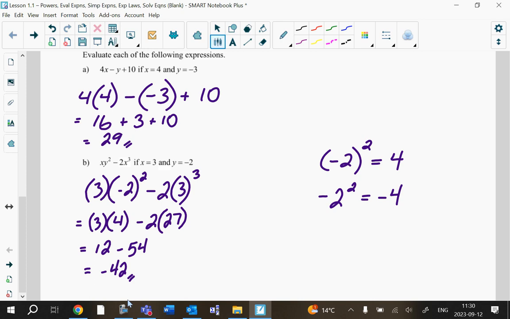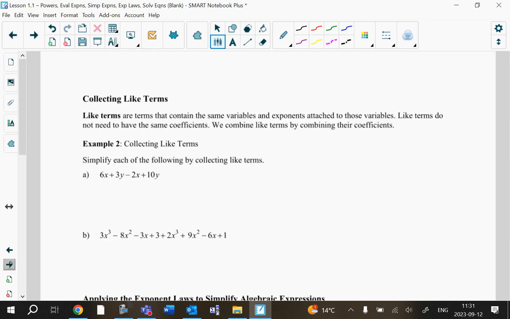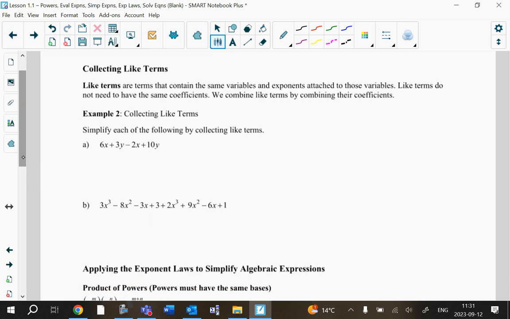Okay, so we should be familiar with these types of questions, how to evaluate algebraic expressions using substitution. Next, collecting like terms: knowing what like terms are and how to combine or collect them. Let's just jump into the example right away. What would you consider like terms in this example?